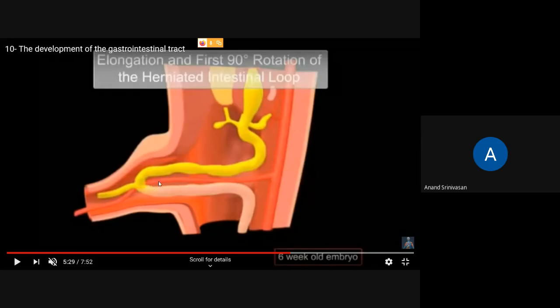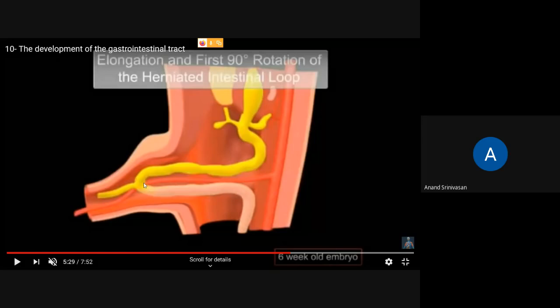Now the midgut can actually be divided into two parts: the part before the superior mesenteric artery and the part after the superior mesenteric artery. The part before is called the cranial limb of the midgut, and the part after is called the caudal limb of the midgut.